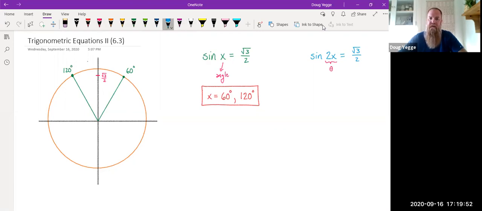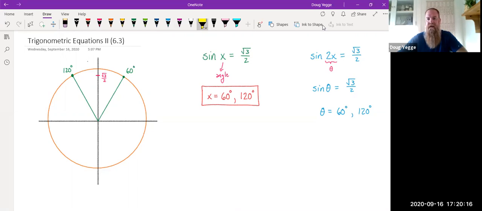So what we're really solving here is when is sine of theta equal to the square root of 3 over 2? Well, what we've done already is we recognize that theta is obviously going to be 60 degrees or 120 degrees. But now we've got to realize something important here.